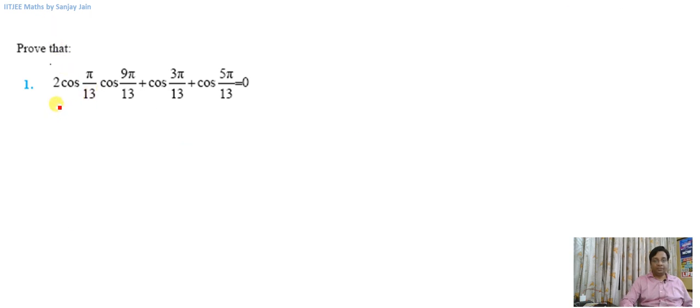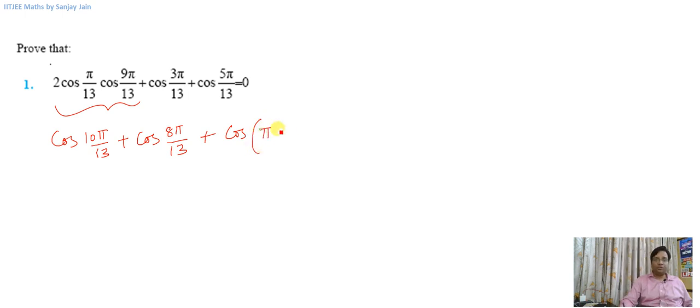Let me do it for you. I have applied 2 cos A cos B here, so it became cos A plus B, that is 10 pi by 13, plus cos A minus B, which I explained is 8 pi by 13, because cos minus theta is cos theta. And then there is cos 3 pi by 13, which you can also write as cos of pi minus 10 pi by 13, and cos 5 pi by 13, which you can write as cos of pi minus 8 pi by 13.